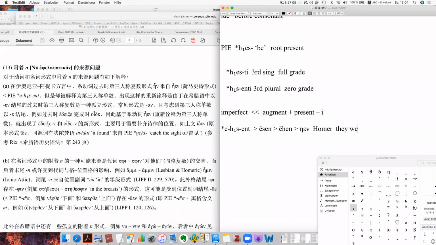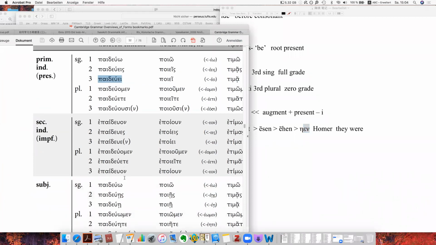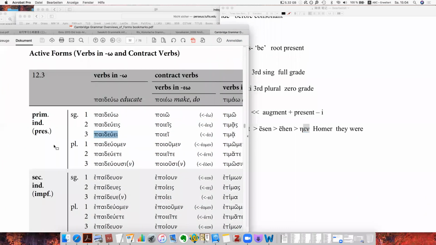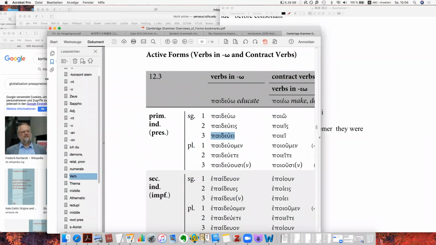They were. But third person singular and third person plural in Greek is not n, but an. So let's check the grammar, the imperfect. Wait a minute, let's check the grammar.